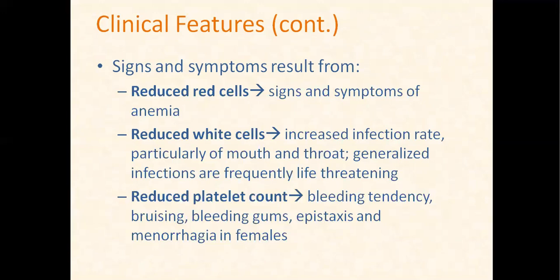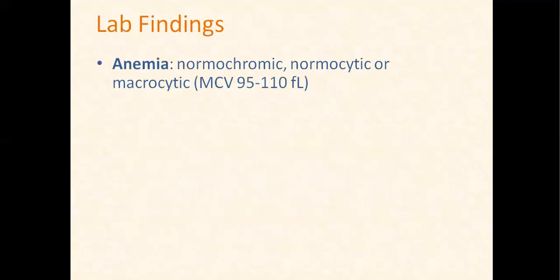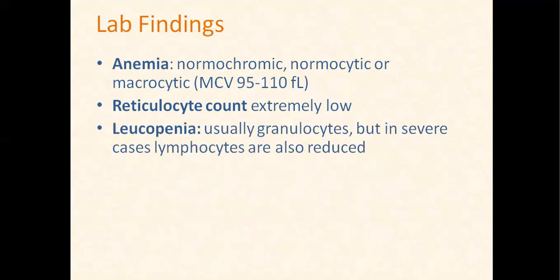The lab findings of this condition: anemia, normochromic, normocytic or macrocytic, with MCV 95 to 110 femtoliters, reticulocyte count extremely low, leukopenia, usually of granulocytes, but in severe cases lymphocytes are also reduced.